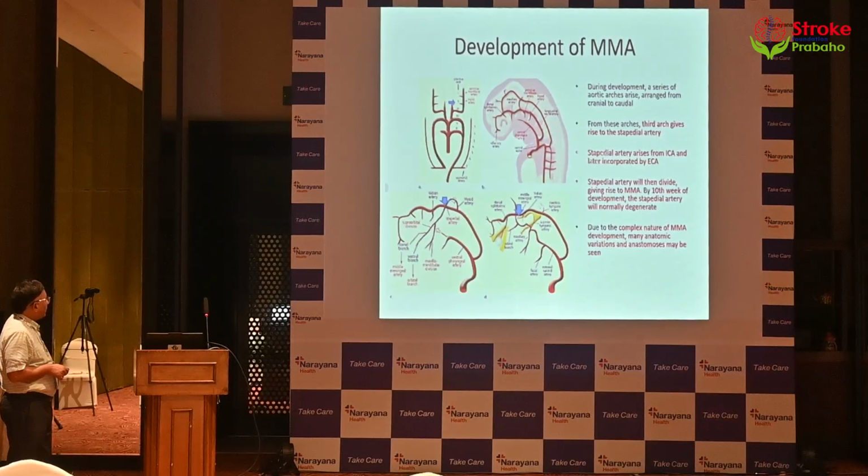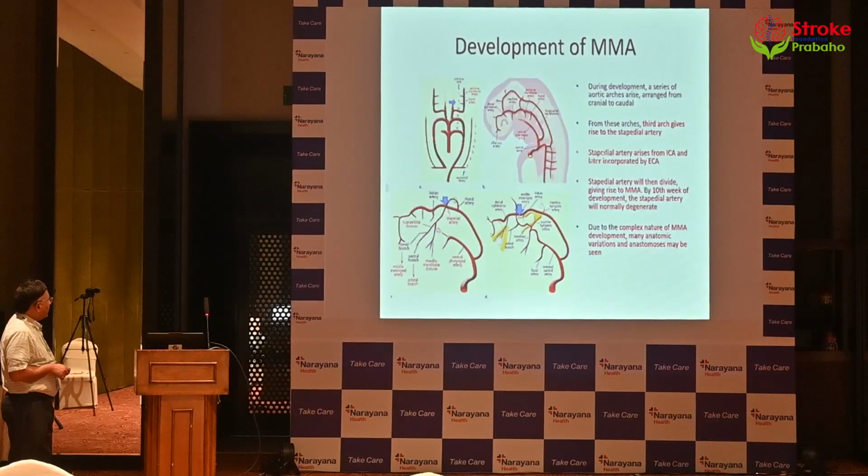So the internal carotid artery is giving supply to the stapedial artery, but at the 10th week of development, this stapedial artery will degenerate, and ultimately gives rise to the middle meningeal artery. It becomes part of the external carotid system. So initially it was part of the internal carotid system, and then it becomes part of the external carotid system. That's why there are a lot of collaterals between ICA and ECA through the middle meningeal artery.